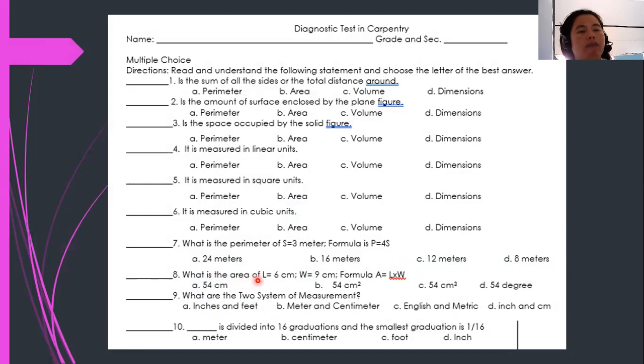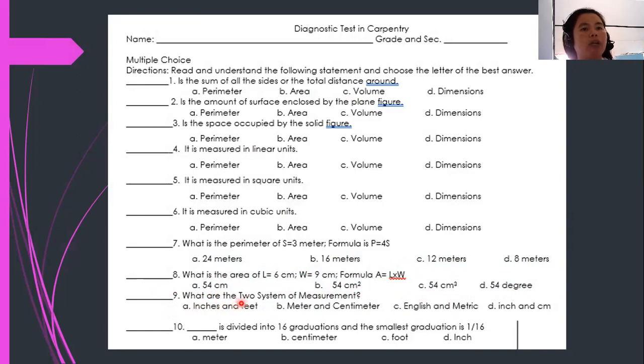What is the area if the length equals 6 cm and the width is 9 cm? Formula: area equals L times W. A, 54 centimeters, B, 54 square centimeters, C, 54 cubic centimeters, and D, 54 degrees.